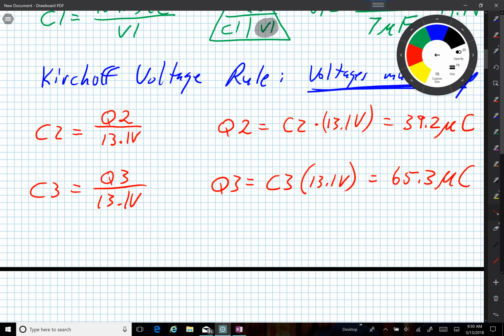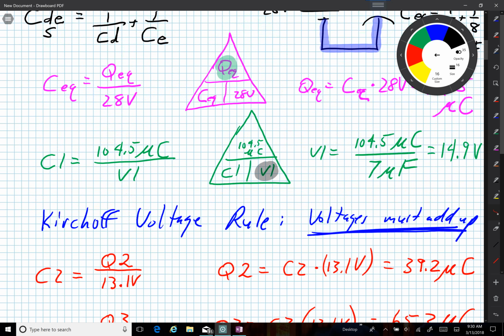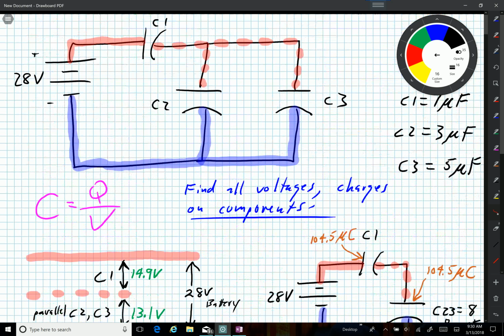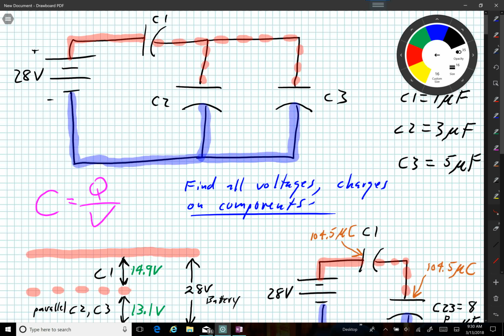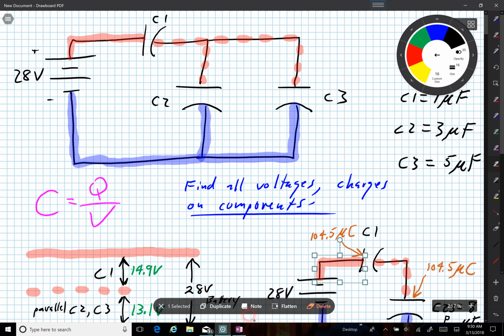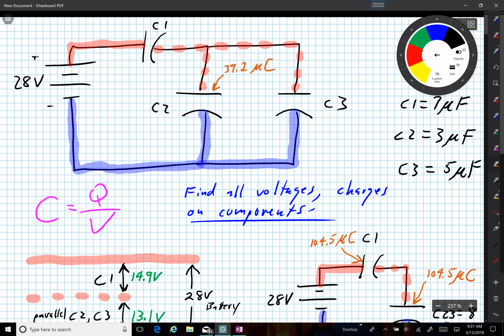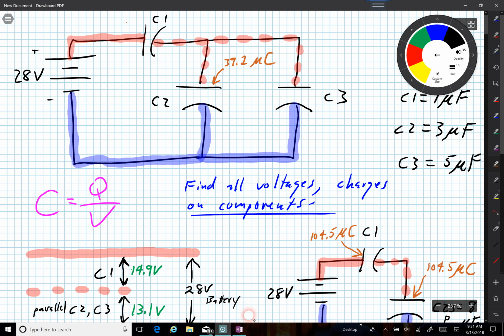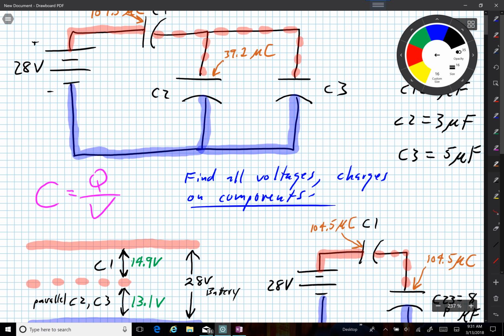So anyway, Q2 is 39.2 microcoulombs. So this is Q2. And this is 39.2 microcoulombs. And we already know that this is 104.5 microcoulombs.